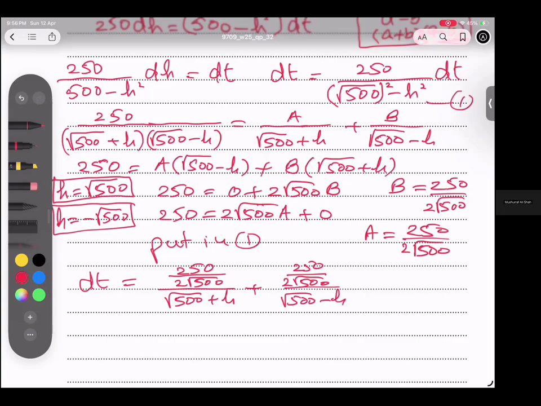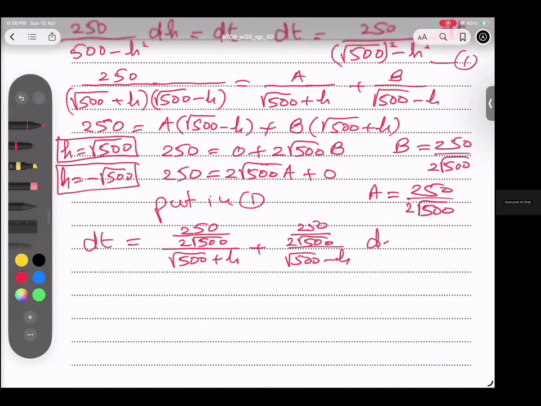So now students, dh is available. Can you see that this matches? When I bring it out, the formula turns out to be this format, 250 over 2 root 500.